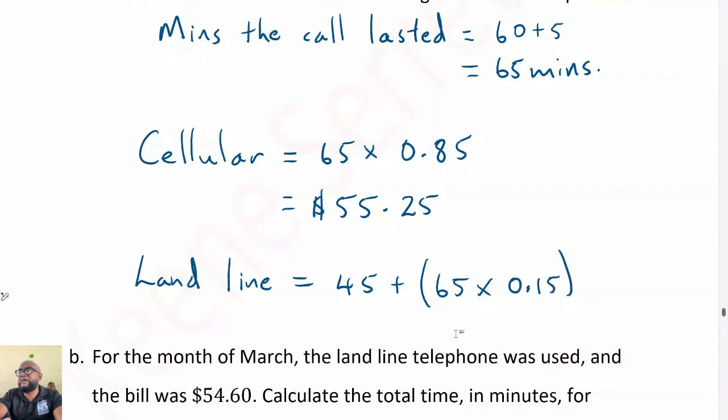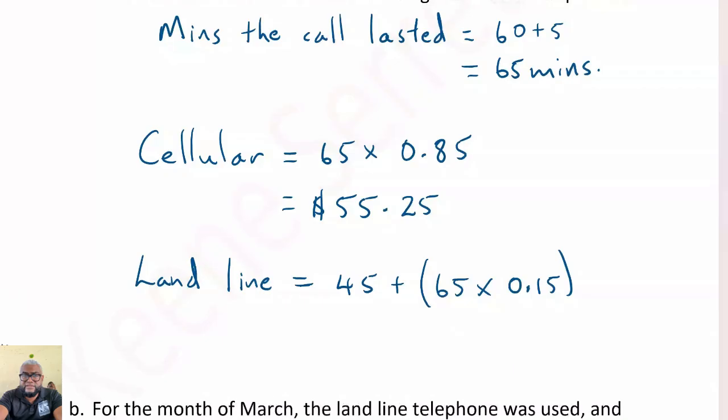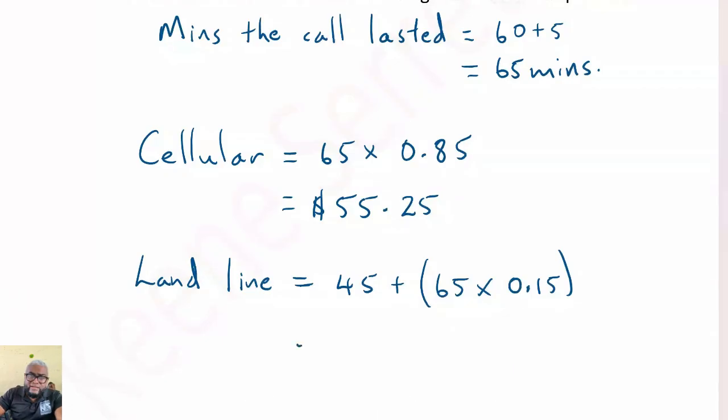Somebody calculate it. You gotta add the 45. $9.75 added to 45 gives $54.75.